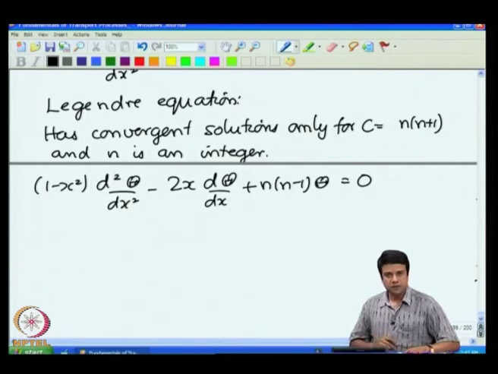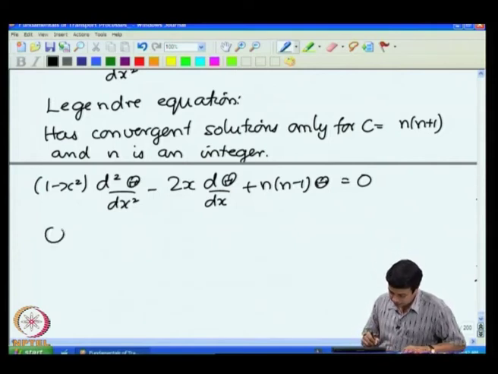Now, it is not possible to get an analytical solution of this equation, but one can get a good series solution by writing down theta of the form summation n is equal to 0 to infinity of some constant times x power n.